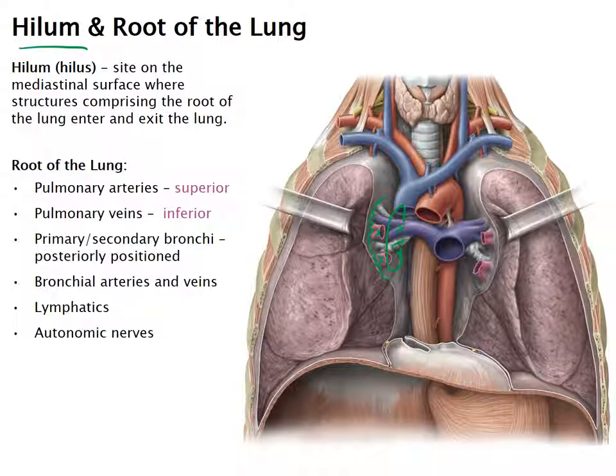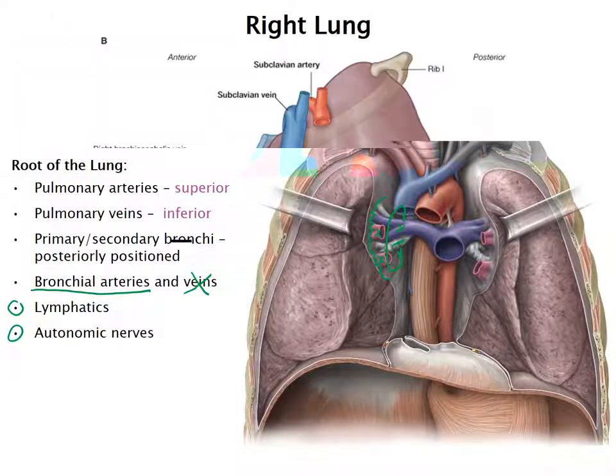There will also be small bronchial arteries and veins, and then there will be lymphatics and autonomic nerves as well. Of all of these structures, you will not visualize the autonomic nerves very well. You may see some lymphatics. You should be able to find a small bronchial artery. Bronchial veins are a little more challenging to find.